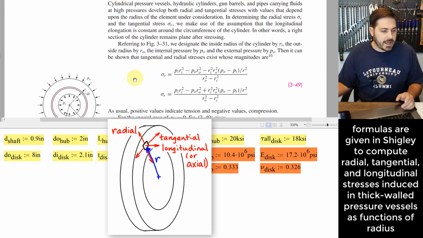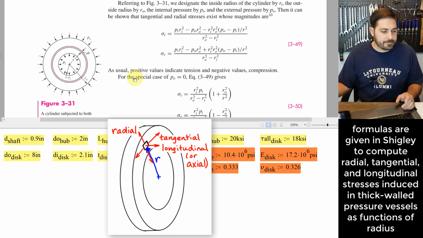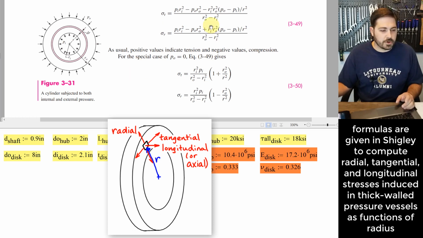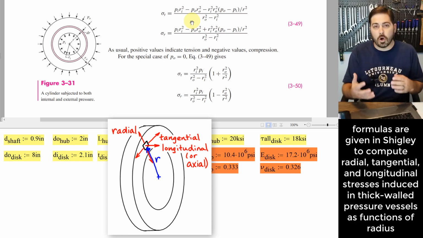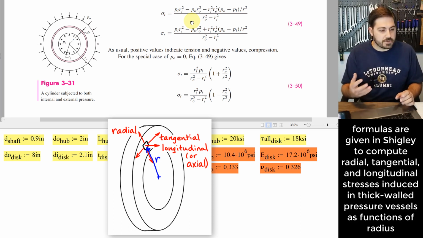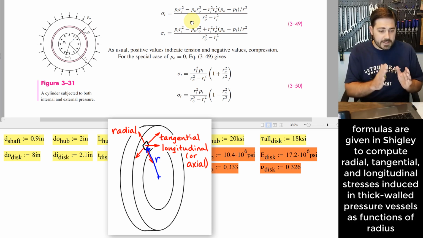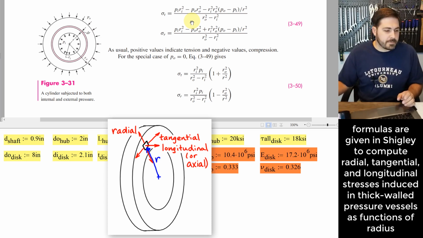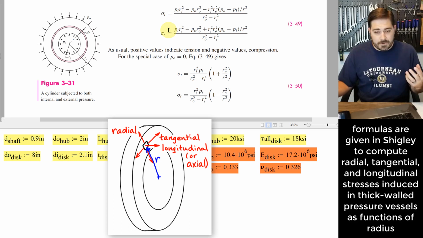And the first equations that you see are the most general equations that we have to deal with the stresses that get induced in what's called a thick-walled pressure vessel or cylinder. And these equations here, the main thing I want to say is most of these equations we're going to look at today are not that hard to understand.